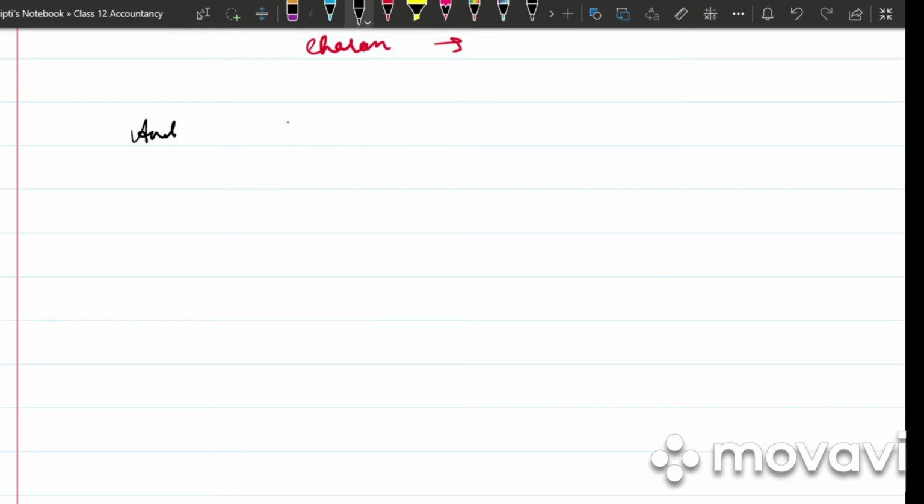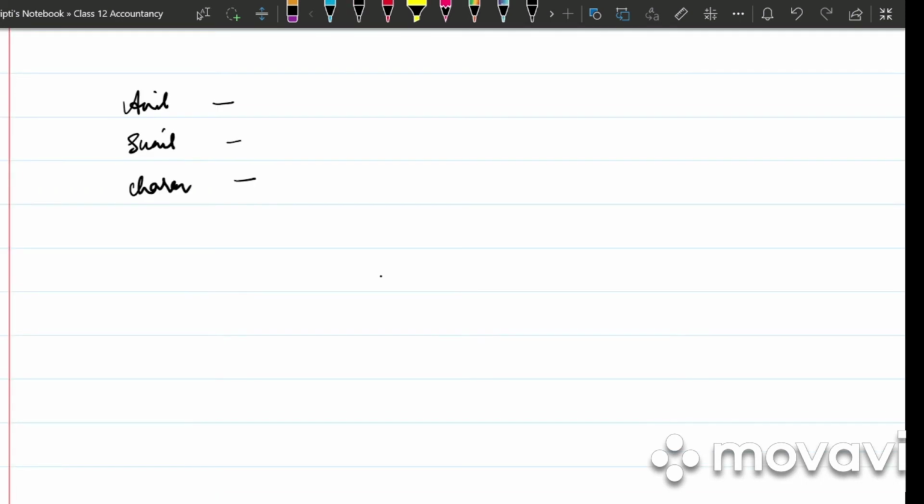So let's write down Anil, Sunil, Charan. Anil gives 1/3 of his share, so what was his old ratio? 3/5. Out of 3/5, he has given 1/3 of his share to Charan. So in this case, we need to calculate the sacrifice ratio. From 3/5, 1/3 he has given to Charan.